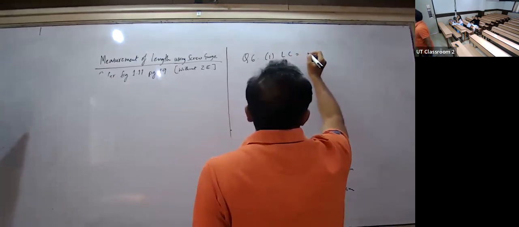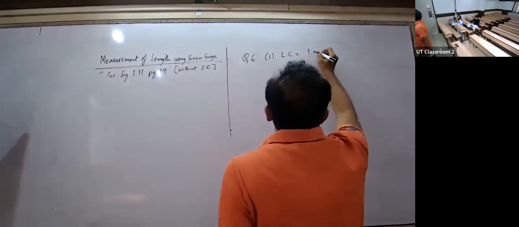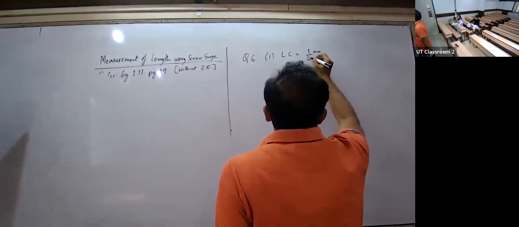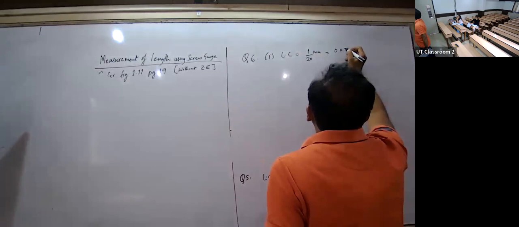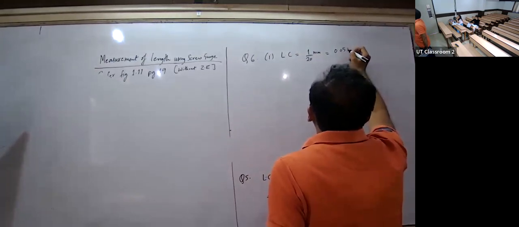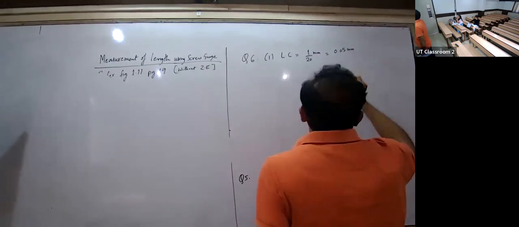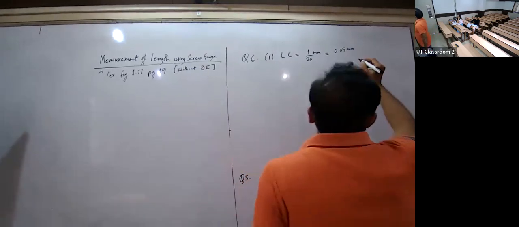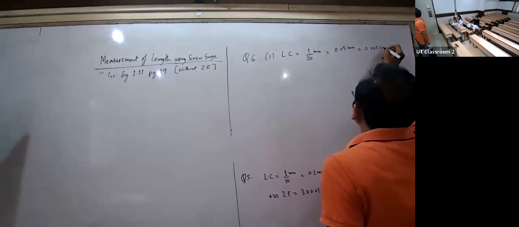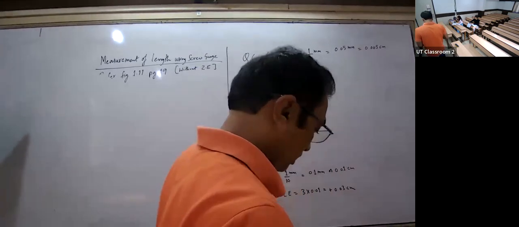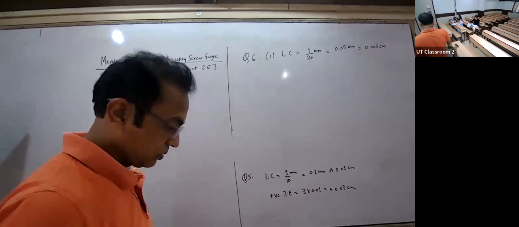Least count is equal to 1 millimeter divided by 20. What will it be? 0.05 millimeter. Right? This will be 0.005 centimeter. Okay. This is the least count.